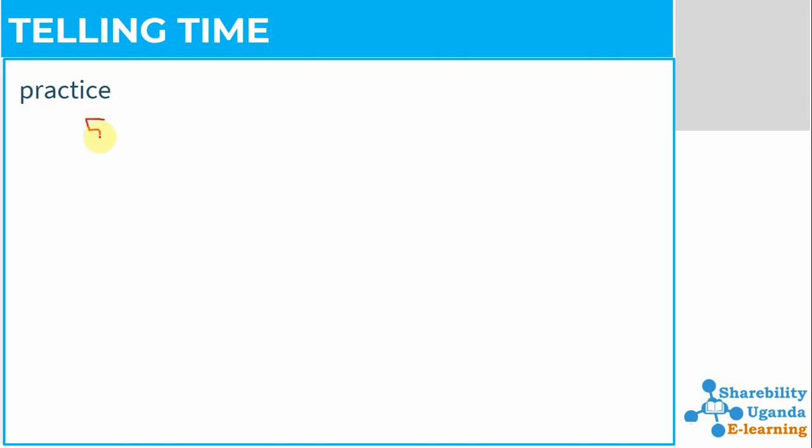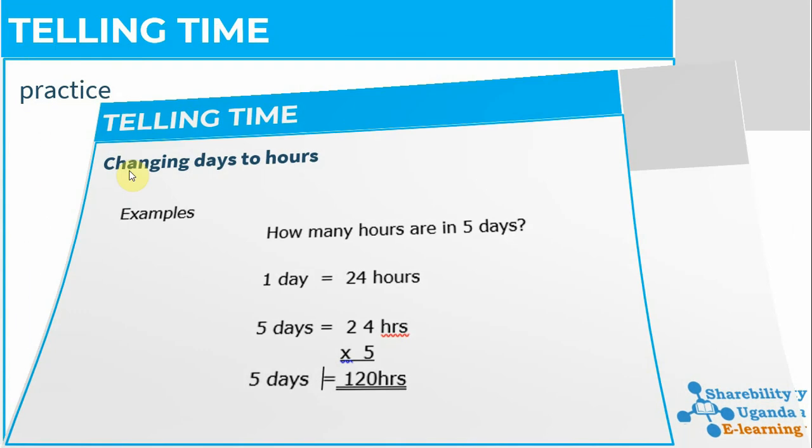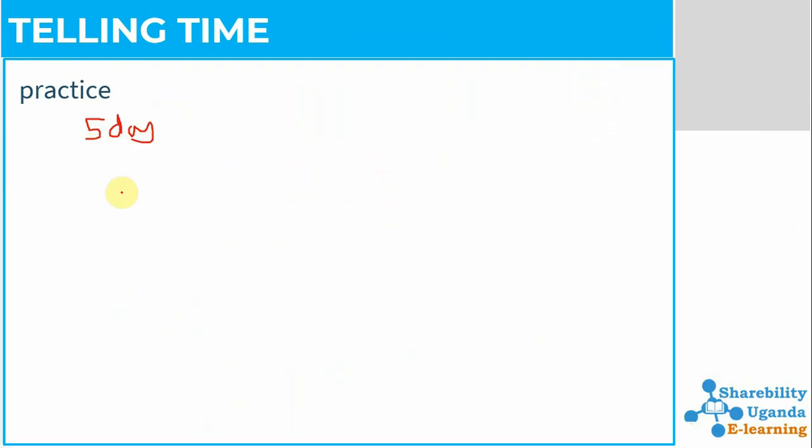We are having our 5 days according to the question. They want us to find the number of hours in the 5 days. So for us to know the number of hours, we are changing days to hours.